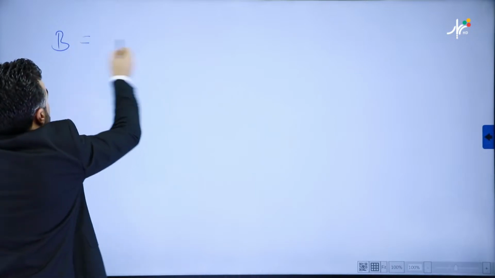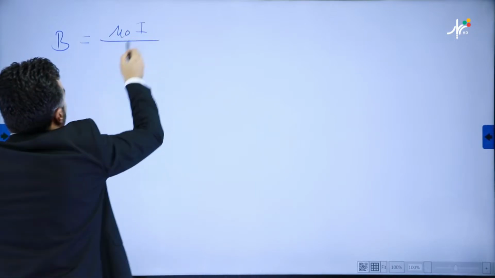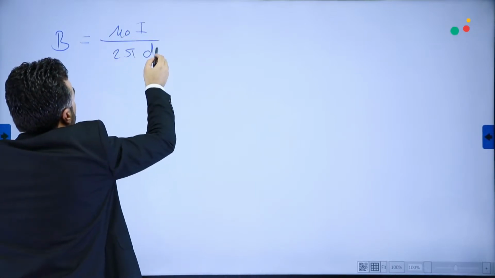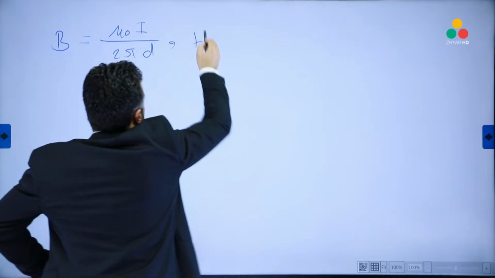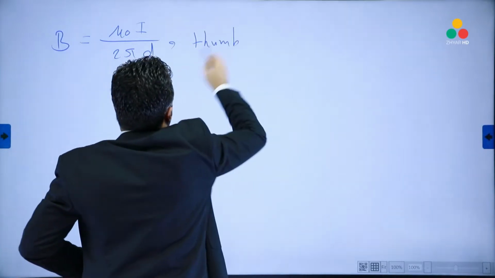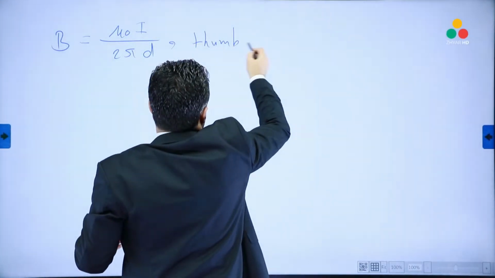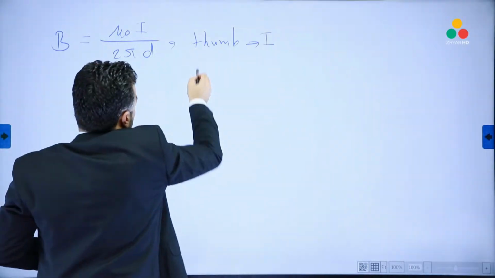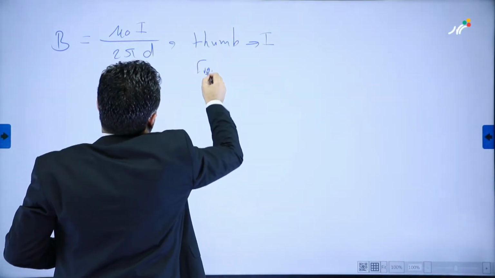Just remember this, the magnetic field around a wire was mu naught I over 2 pi d. For the direction, the thumb is in the direction of the current. What about the curling fingers?